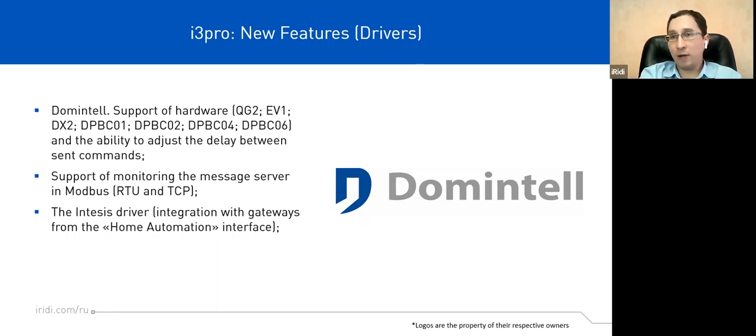They have a gateway from Modbus to a VRV system, or from KNX to a VRV system. And actually, they have gateways like a home automation interface. It's a series, a sub-brand. And for now, we have integration with this, and you can use it to integrate your project with a VRV, VRF system.